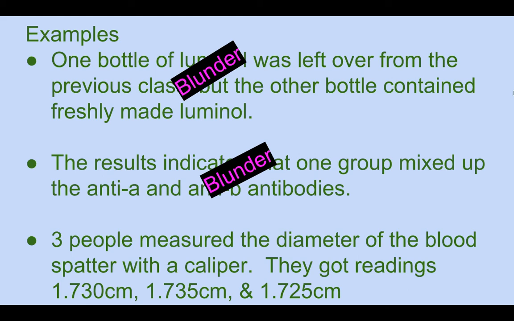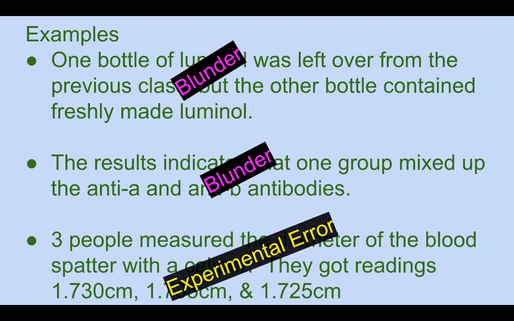There was some variation in where the individuals saw the vernier scale line up with the centimeter scale above. So this, in fact, is an experimental error. There's variation in data, but it was caused by experimental error, sort of built into reading instruments. That's what caused that variation in data.